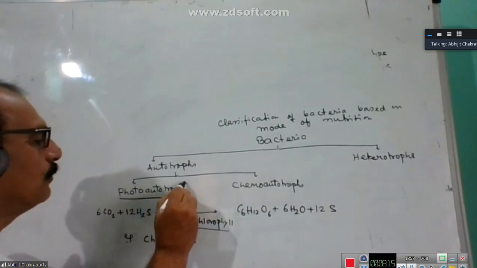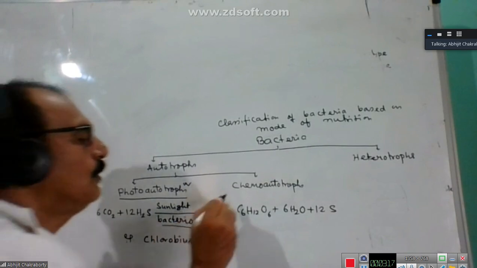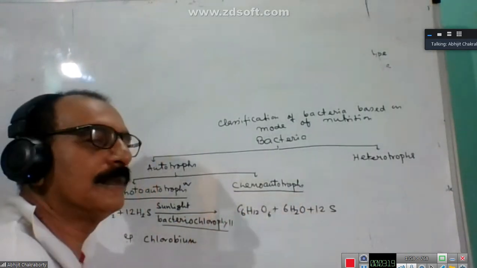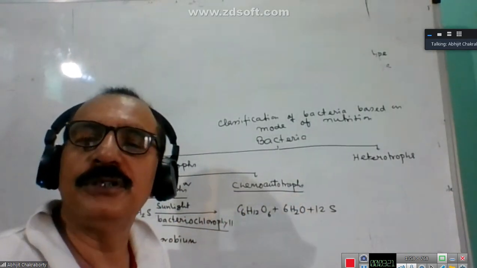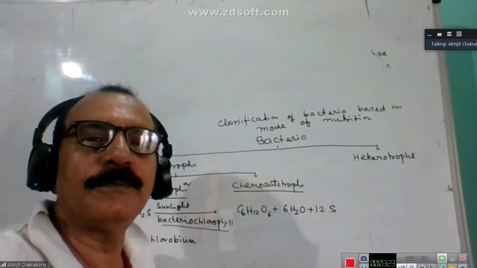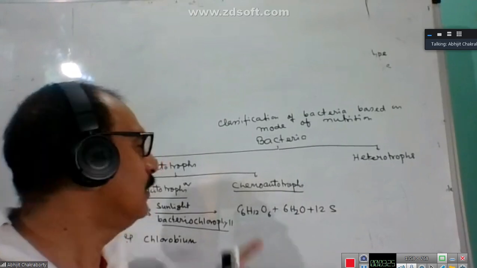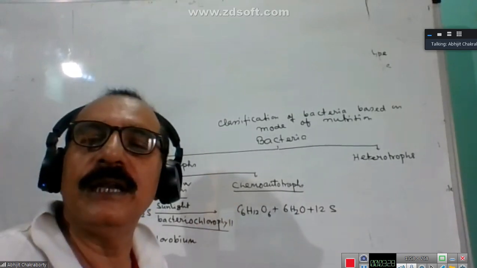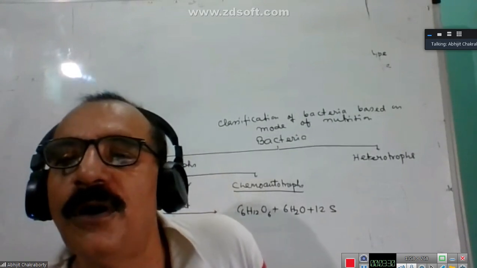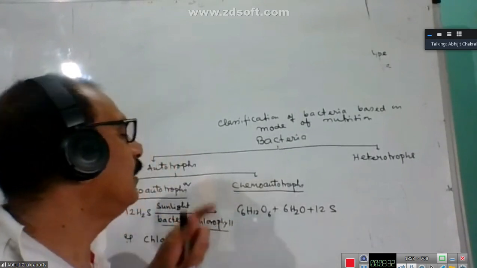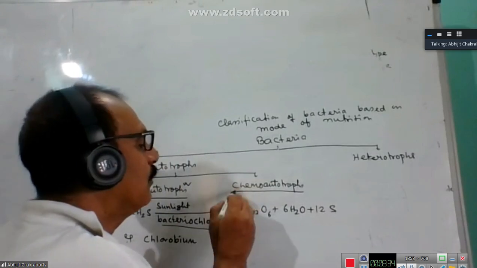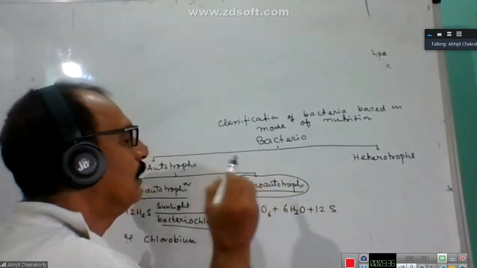Then they are the photoautotrophs. Those who are chemoautotrophs derive nutrition from inorganic compounds. Then you can call them chemoautotrophs.